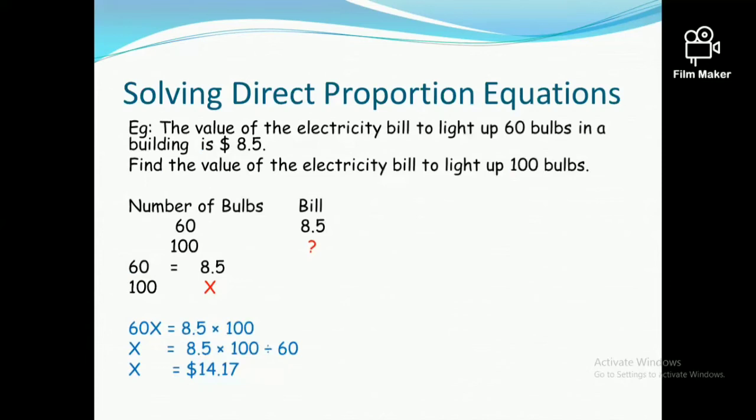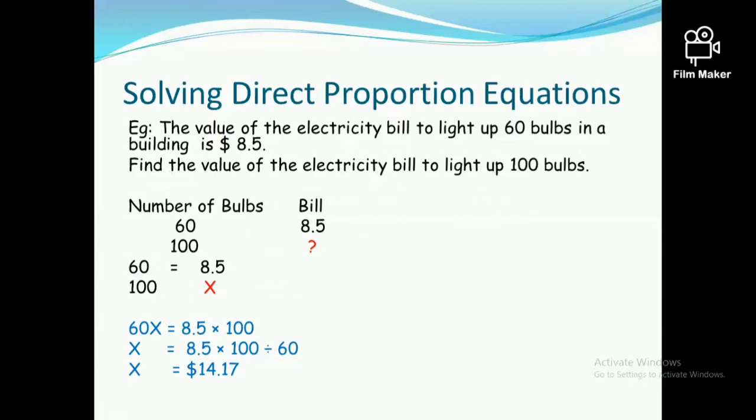In this example, they have mentioned that the electricity bill to light up 60 bulbs in a building is $8.5. Find the electricity bill to light up 100 bulbs. We know that if you place more bulbs, you need more money for your electricity bill. So this is a direct proportion.